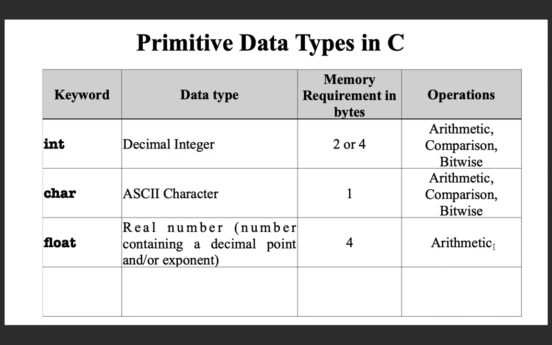Arithmetic operations are allowed, 4 bytes are required, and note that the implementation of the operations will be different when compared to integer. And finally, double precision real number. The only difference is that here 8 bytes are required to store, so more precision is possible. Arithmetic operations are allowed.